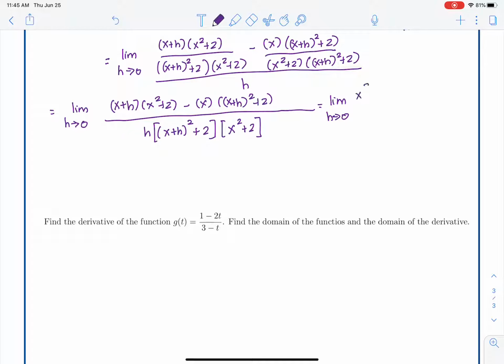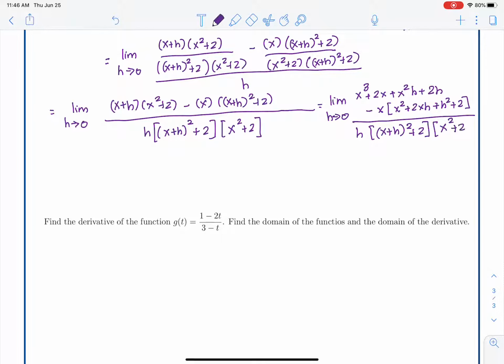So I have x cubed plus 2x plus x squared h plus 2h minus x times, expand x plus h squared, FOIL, I'll get x squared plus 2xh plus h squared, and I have a 2. And divide the entire thing by h times x plus h squared plus 2 times x squared plus 2.